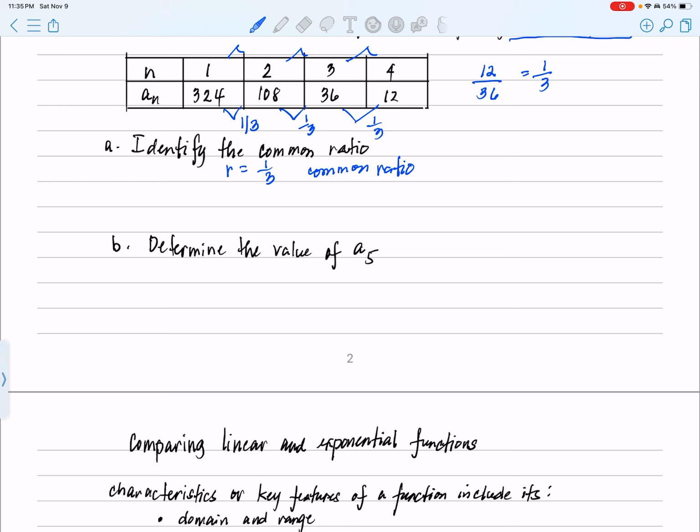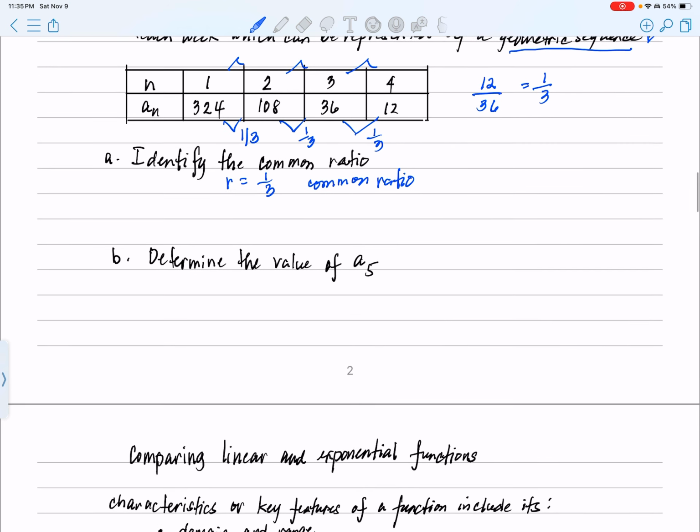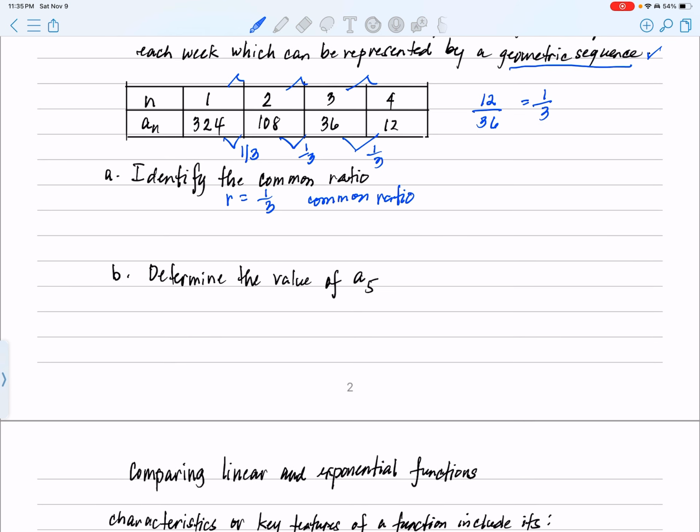Using the constant factor found in A, we know that as n increases by 1, A sub n decreases by a factor of 1/3. So we can substitute the r, which is equal to 1/3, into the recursive formula.